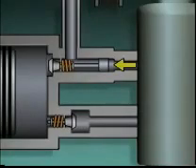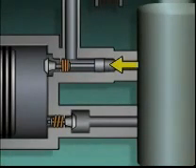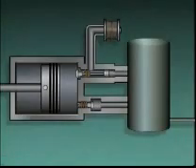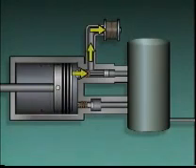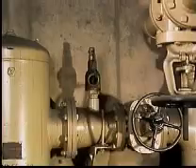As the pressure in the receiver increases, it moves the piston and the connecting rod and opens the compressor's inlet valve. With the inlet valve open, the gas that enters the compressor is pushed back out again and is not compressed. When the pressure in the receiver decreases, the pressure on the unloader piston also decreases, allowing the inlet valve to move back and forth normally, and the compressor resumes normal operation.